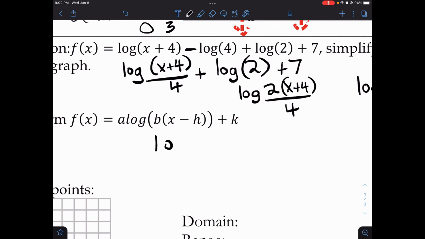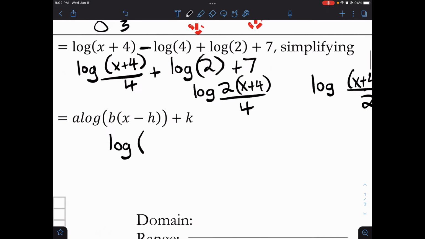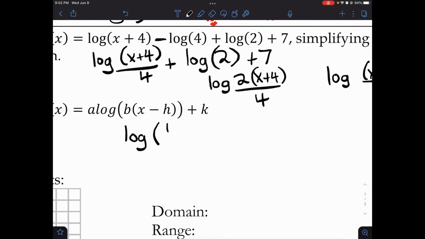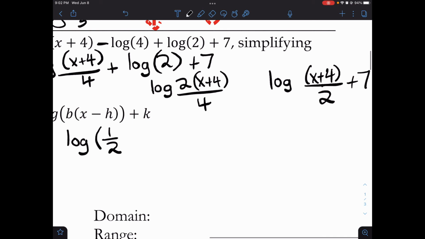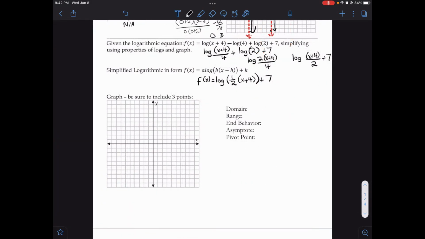And so log times b, which is our horizontal, and we have a horizontal stretch of 1/2, and then you have x plus 4 plus 7. Now f of x is equal. This is our function. Now that we have our function, let's start graphing.